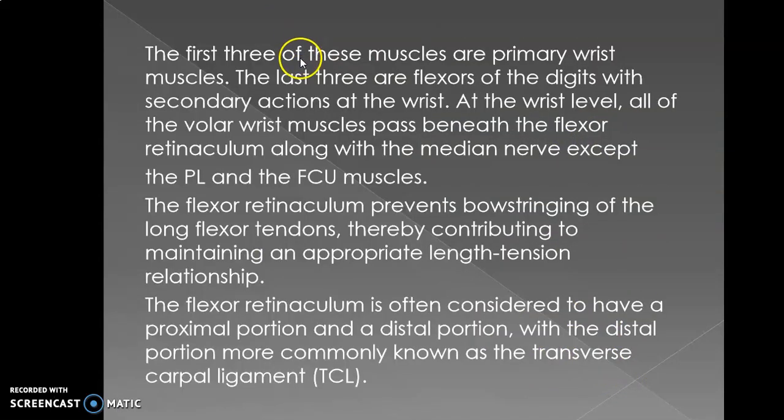The first three muscles are the primary wrist muscles, which are the flexor carpi ulnaris, flexor carpi radialis, and palmaris longus. But flexor digitorum profundus, flexor digitorum superficialis and flexor pollicis longus are also considered muscles of the wrist as well as finger muscles.